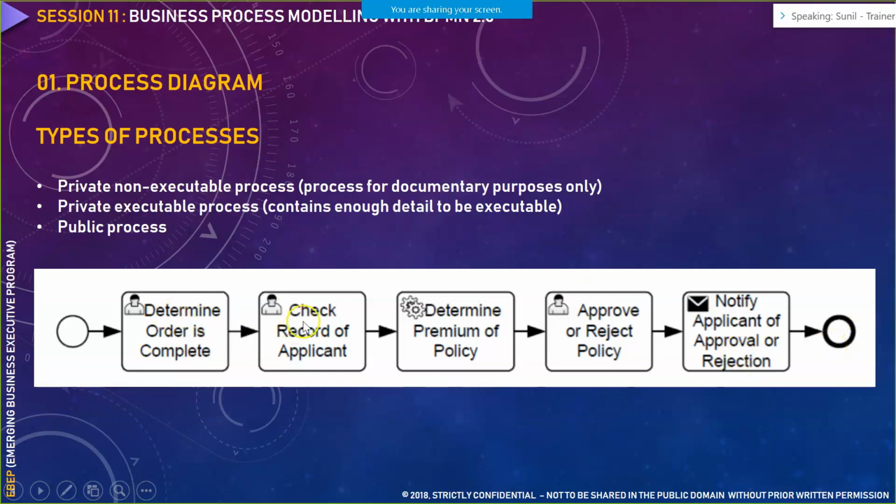Now in this particular process, what is private non-executable, what is private executable, and what is public process? Can anyone tell me? We'll start with private non-executable, only for documentary purpose.